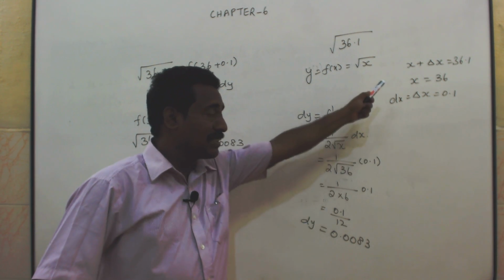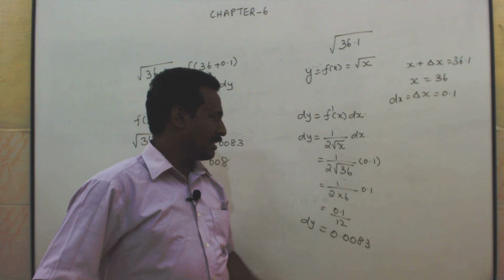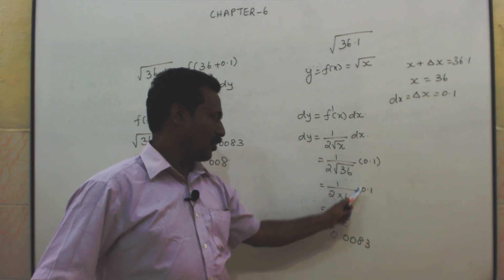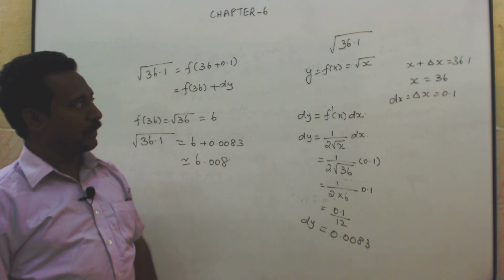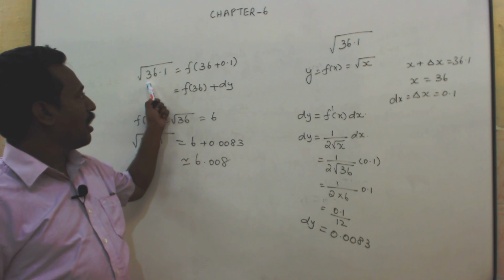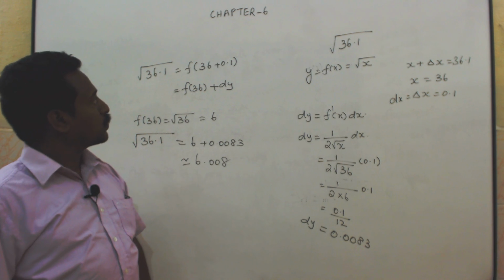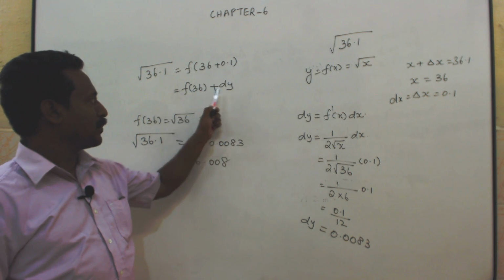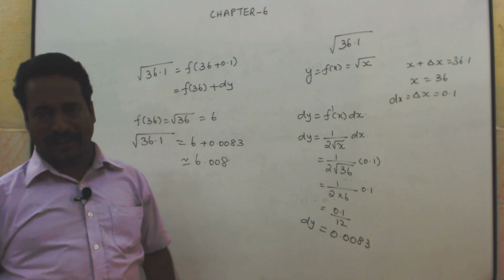What is the value of x? 36. 2 into root 36, that is 6, into 0.1, that is 0.1 by 12, 0.0083. Now, the formula: root of 36.1 is equal to f of 36 plus 0.1, f of 36 plus dy. f of 36 value is calculated, just substitute and simplify.